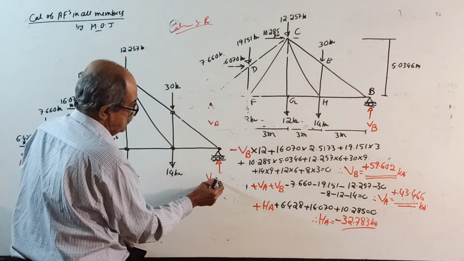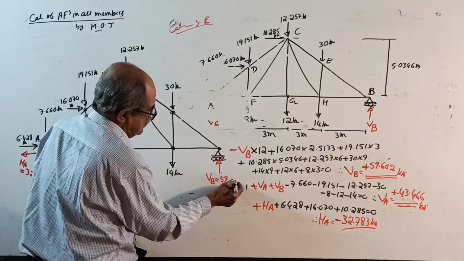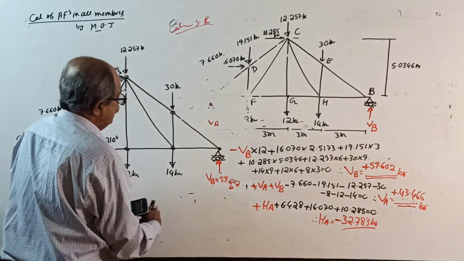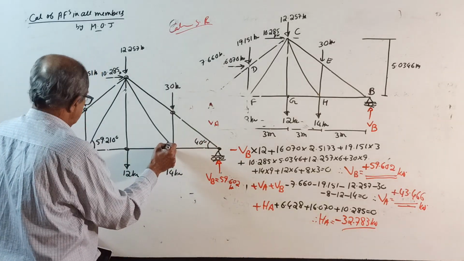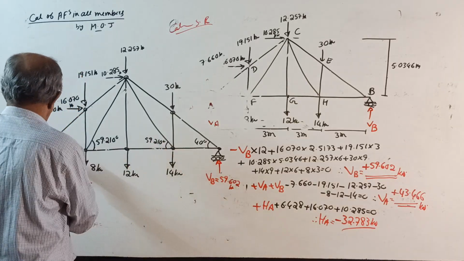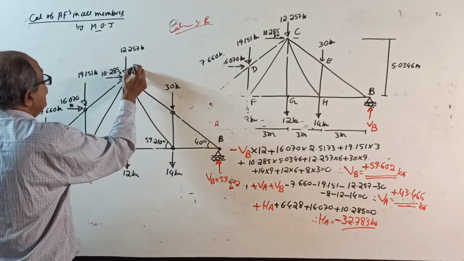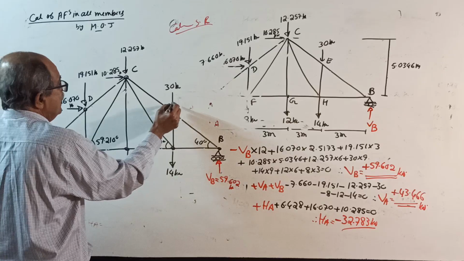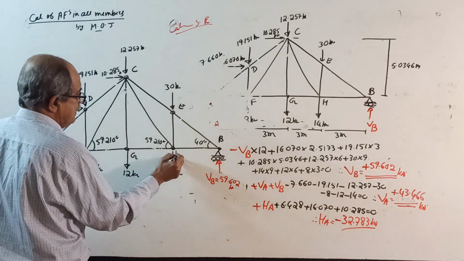VB equal to 59.602 kilonewton. Okay, now this angle also 40 degrees. This also is 59.210 degrees. A, B, C, D, E, F, G, H.